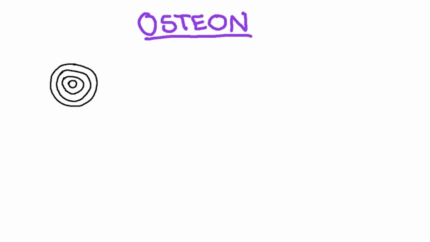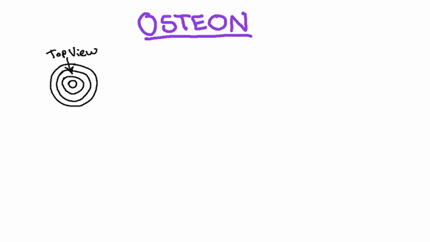But really what we're looking at is the top view of an osteon. This is the bird's eye view looking down onto it. Like if you were to cut a tree in half and look at the trunk, you could count the rings in the tree. So this is the top view of the osteon.